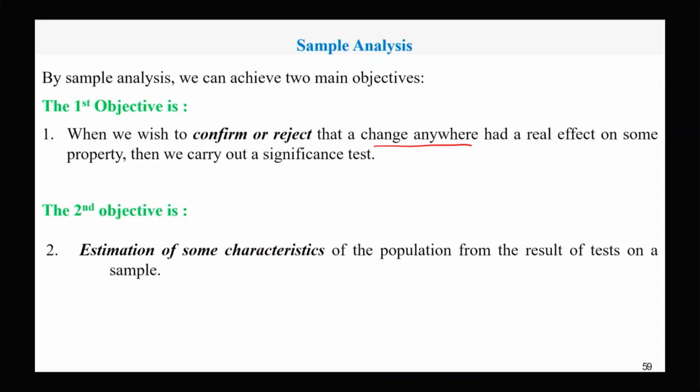And the second objective is to estimate some characteristics of the population. As we said, the whole population mean is x bar p and the sample mean is x bar s.